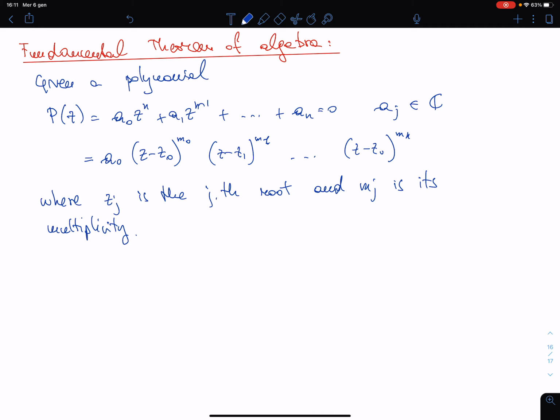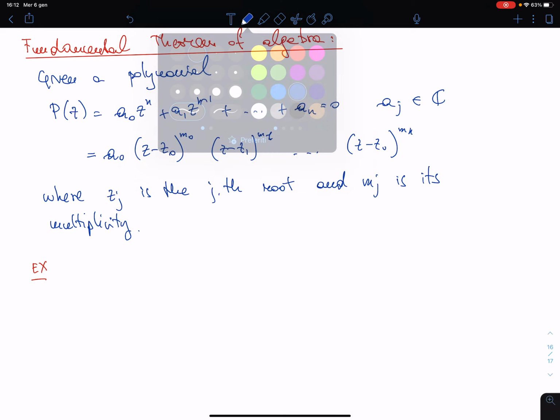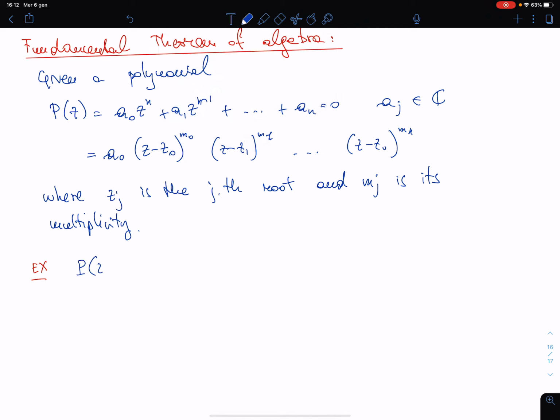For instance, as an example, consider P of Z equal to Z fourth plus Z square.